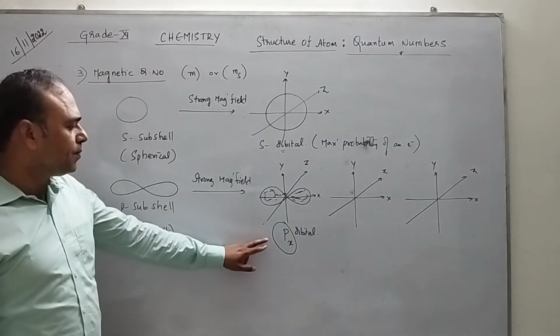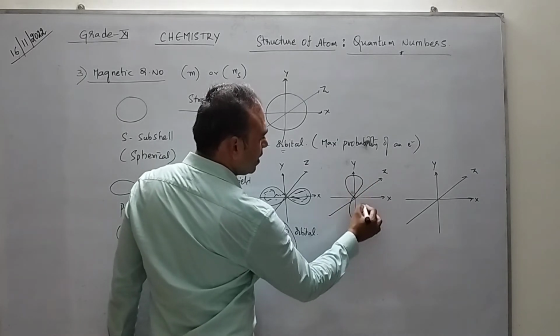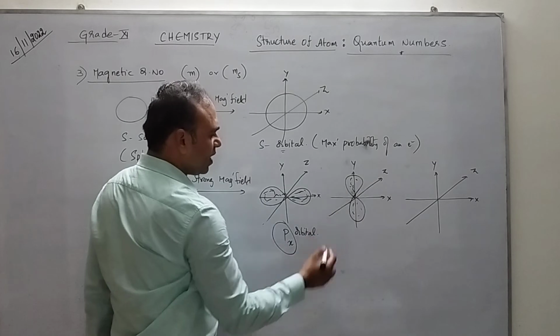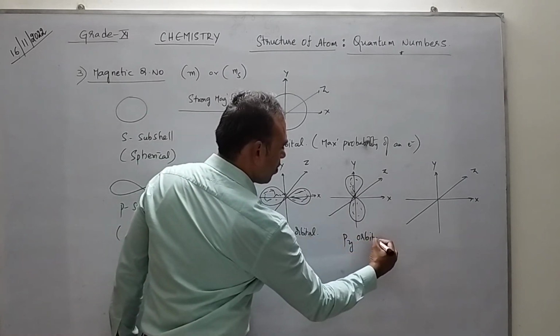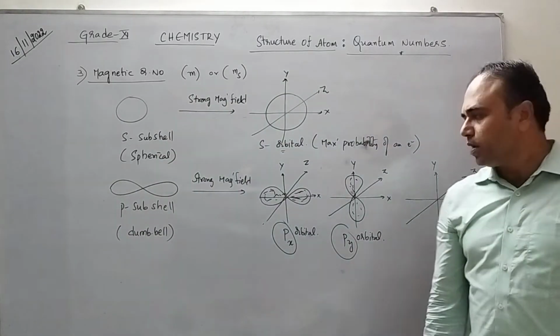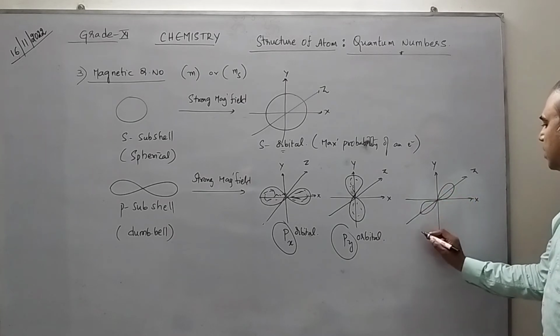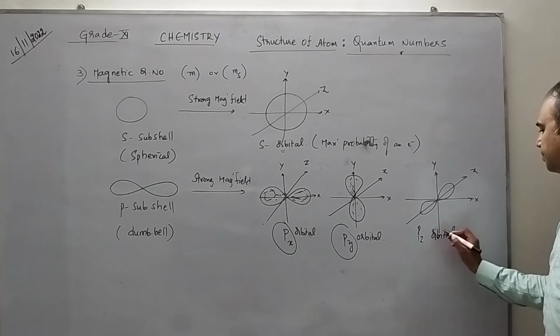Which orbital? Px orbital. Next, second possibility is you have the orientation on y-axis, hence it is called as py orbital. Now the last one is if the orientation is on z-axis, you call it as pz orbital.